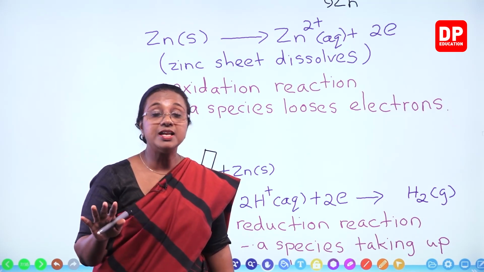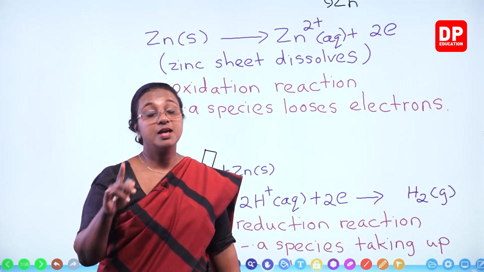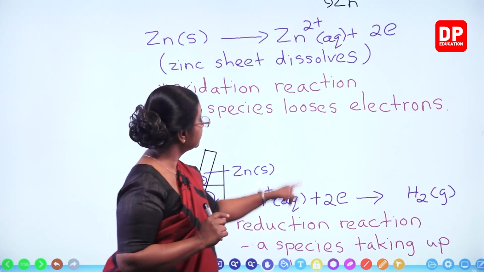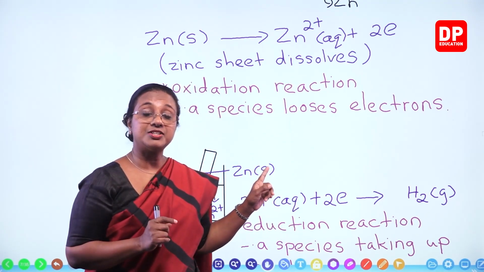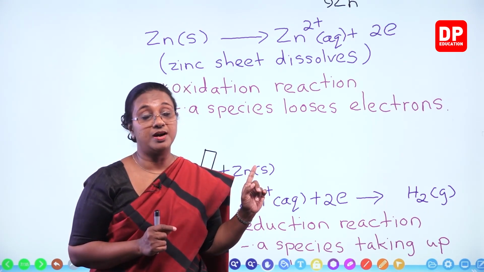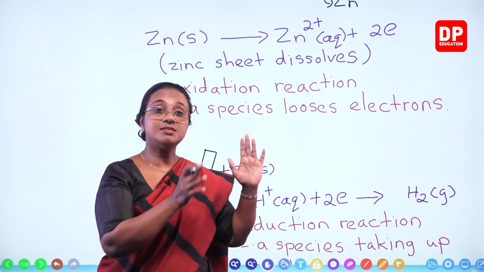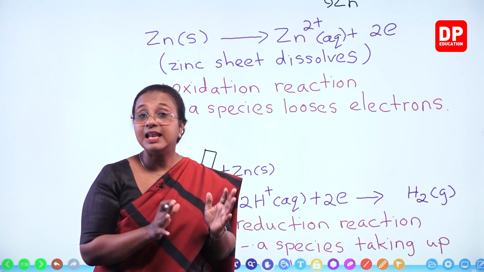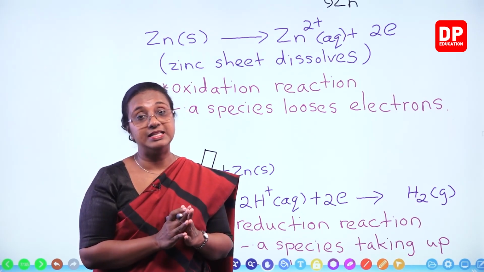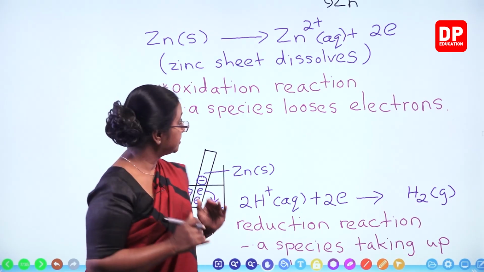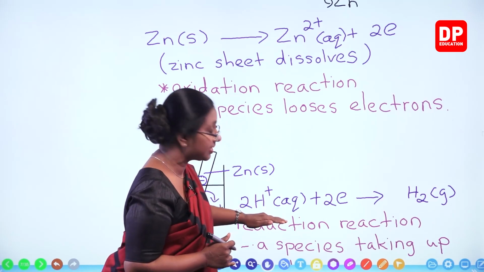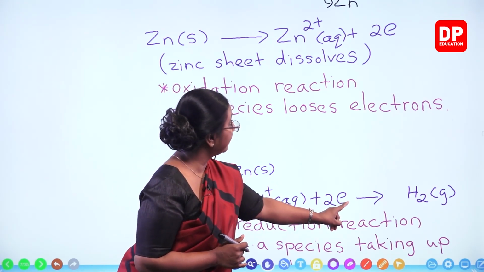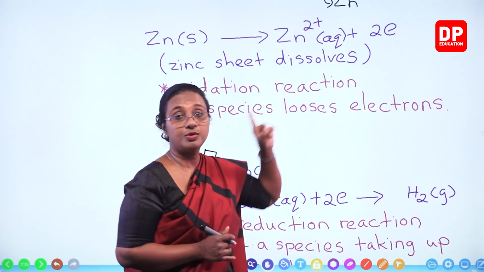You have to remember that. Also, these two are different from the reactions you have written so far. In all those reactions you had reactants and products, never electrons or charges. This is the first time we are using reactions with charges and electrons: H+ with electrons, Zn2+ with 2 electrons.